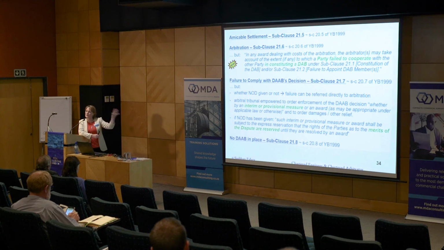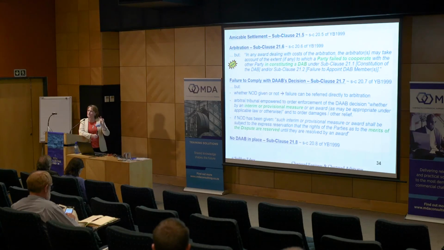But I'll take credit for this one. Here's a provision that I put in there for everybody to discuss, and it stayed in there, which I'm really quite pleased about. Once you're in arbitration, and you've got to the end of the arbitration, and the arbitrators are looking at costs, as you all know, one of the most important aspects of arbitration, as opposed to adjudication, is that the arbitrator can award costs of the parties, not just of their own costs.